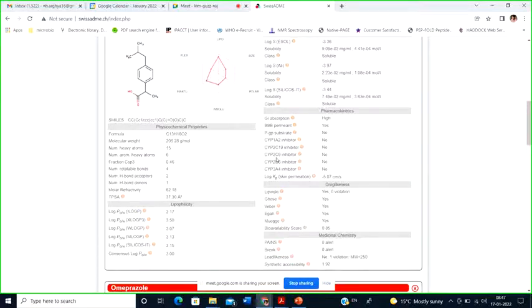Inhibition of these isoenzymes is certainly one of the major causes of pharmacokinetics-related drug interaction. I was telling you that sometimes a drug interaction happens. Why?